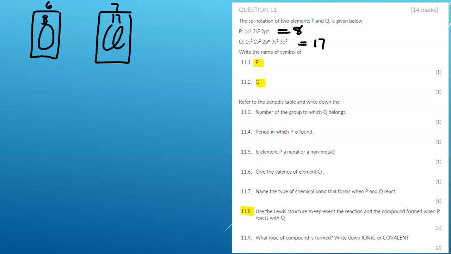Okay, and now we're going to draw the Lewis structures. Now, I'm not exactly sure how this molecule is going to look, so let's just start somewhere. So let's start with oxygen. Oxygen has 6 electrons, 1, 2, 3, 4, 5, 6. And then we have chlorine, which is 1, 2, 3, 4, 5, 6, 7.